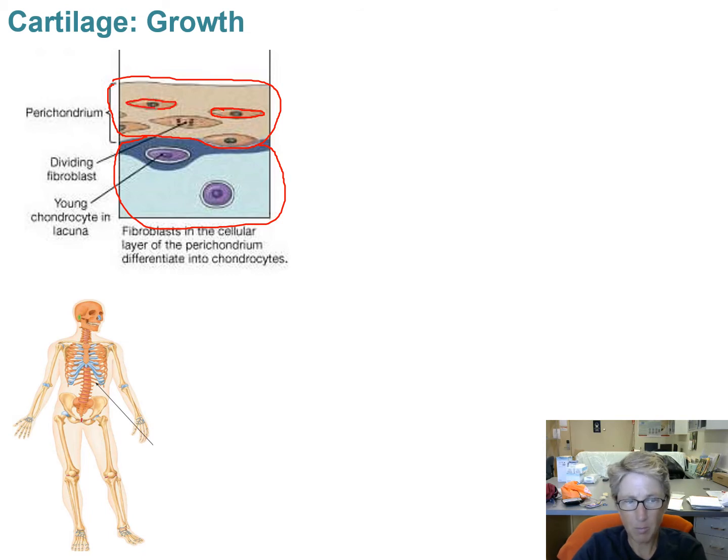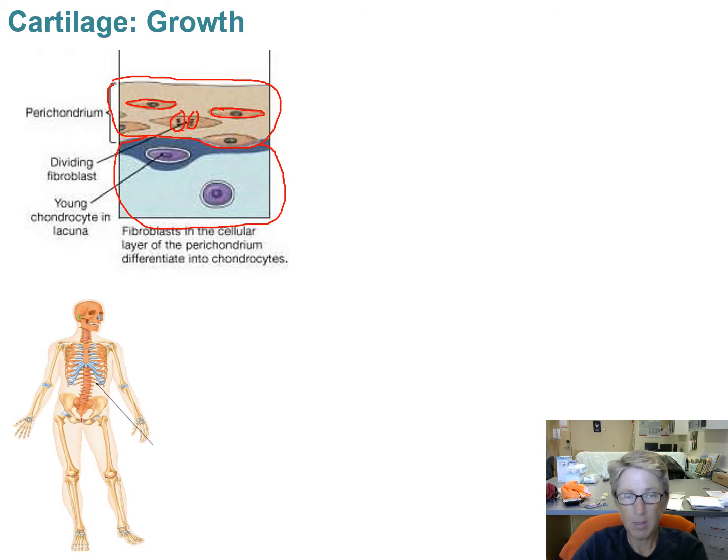So these are fibroblasts, and they live in the perichondrium, and it shows here that they're dividing, and you can tell they're dividing because check it out. Here's one set of chromosomes that's going to go to one of the daughter cells. Here's another set of chromosomes that's going to go to the other daughter cell. All right, this is happening in the perichondrium.